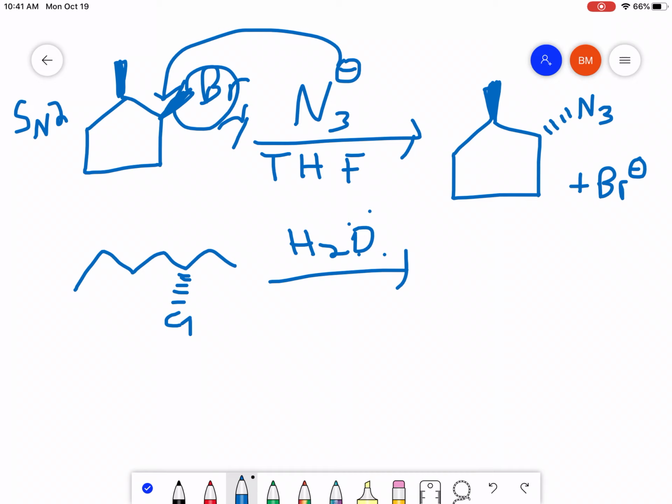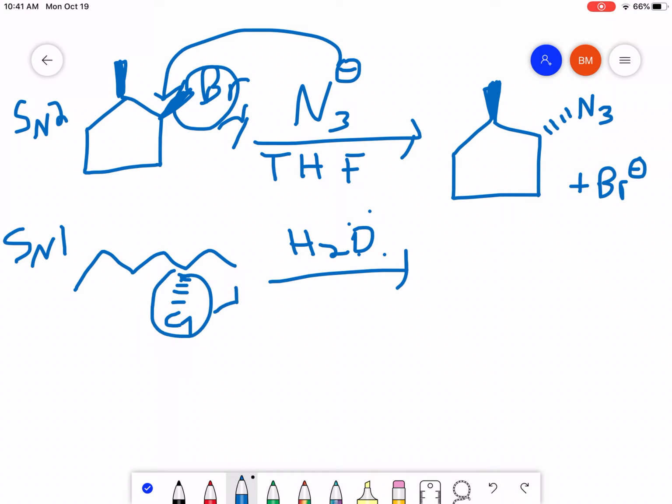What type of alkyl halide do we have? We have a secondary, so it could be SN1 or SN2. We have water here. Water classifies as a weak nucleophile. Also, I did not draw an additional solvent, so water is also pulling double duty as solvent as well. That's a weak nucleophile, protic solvent. That means you're going to have an SN1 reaction.